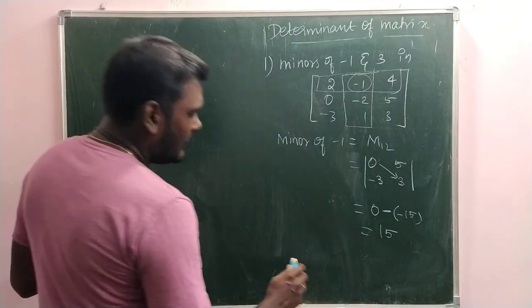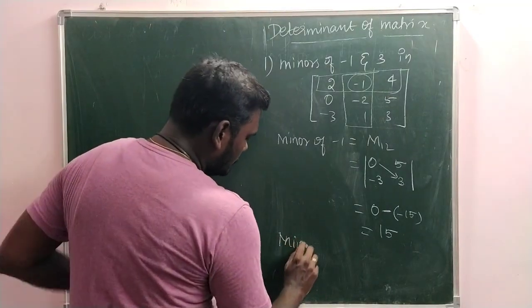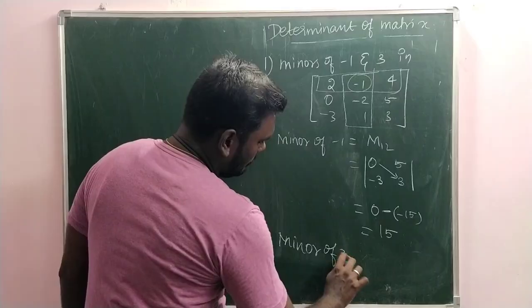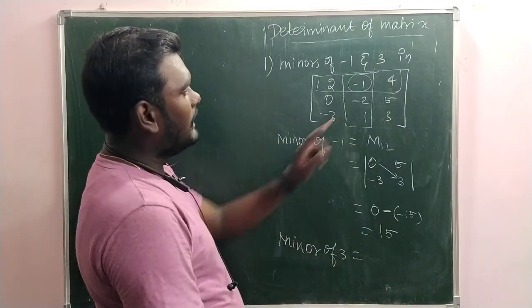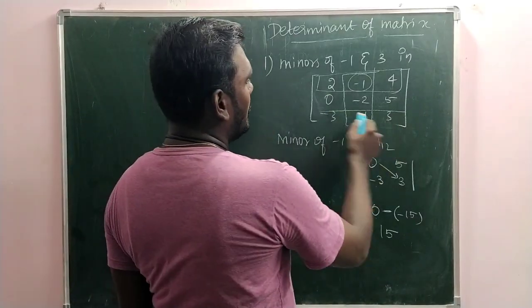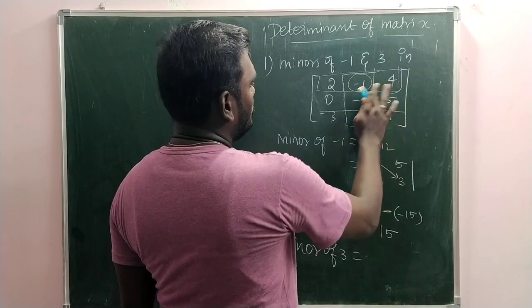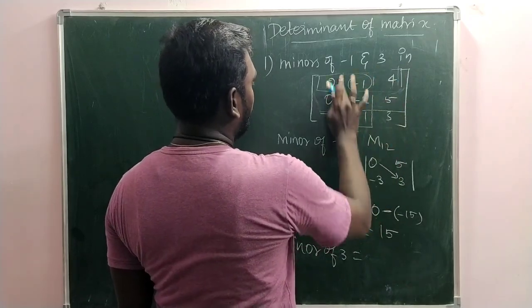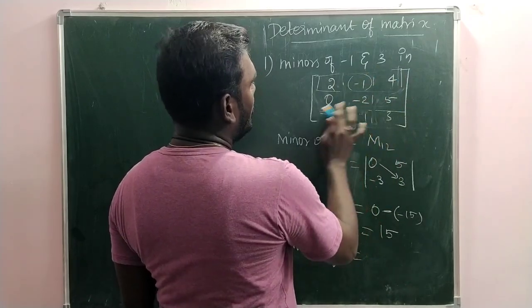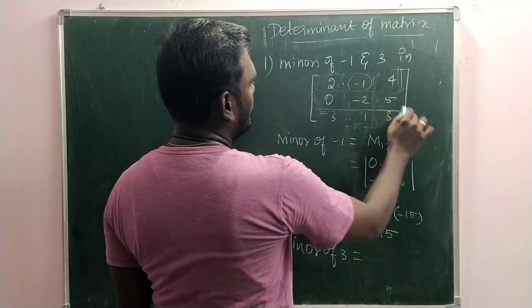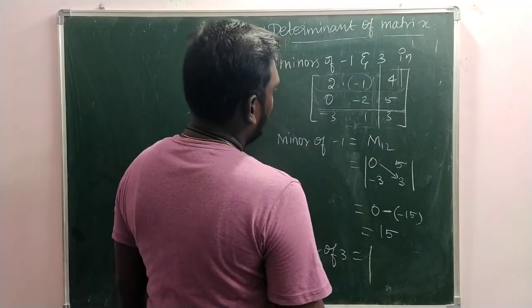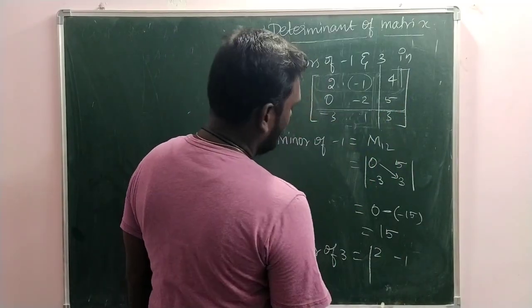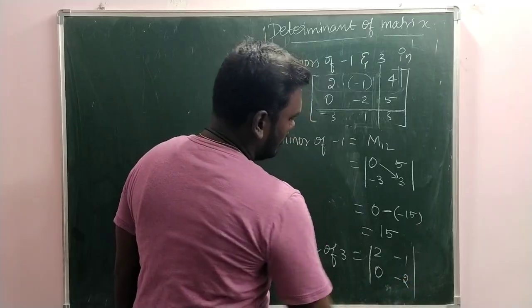And then minor of 3 is what? Minor of 3 means leaving the row and the column where this 3 belongs. Then what will be the 2 by 2 minor of this 3? It is 2, -1, 0, -2.